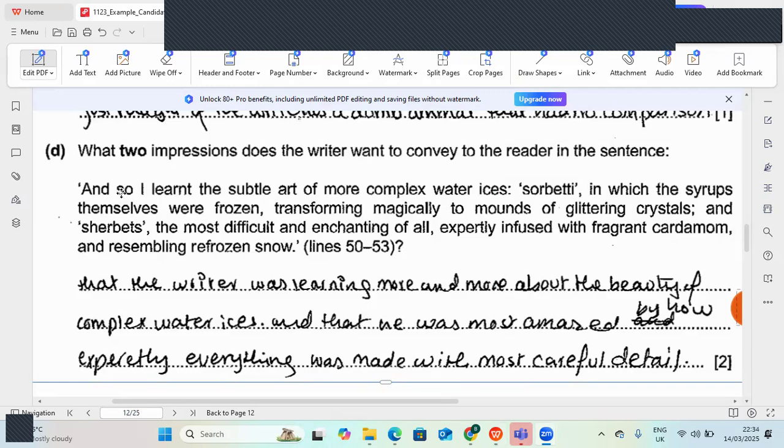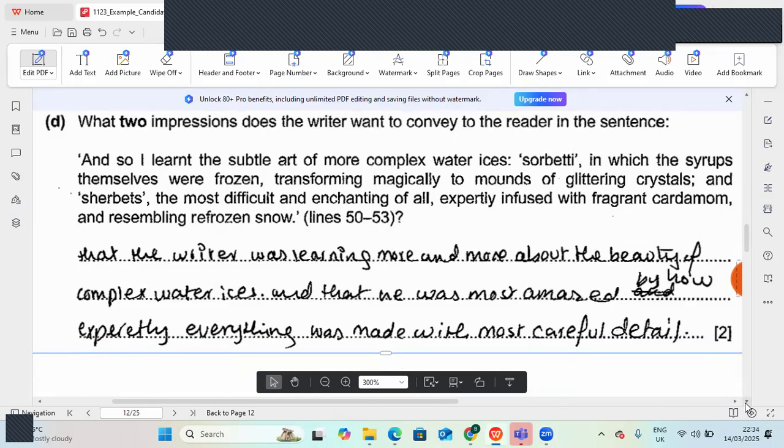For example, look at this one: so I learned the subtle art of more complex water ices, sorbets, in which the syrups themselves were frozen, transforming magically to mounds of glittering crystals, and sherbets, the most difficult and enchanting of all, expertly infused with fragrant cardamom and resembling refrozen snow. What two impressions does the writer want to convey to us?